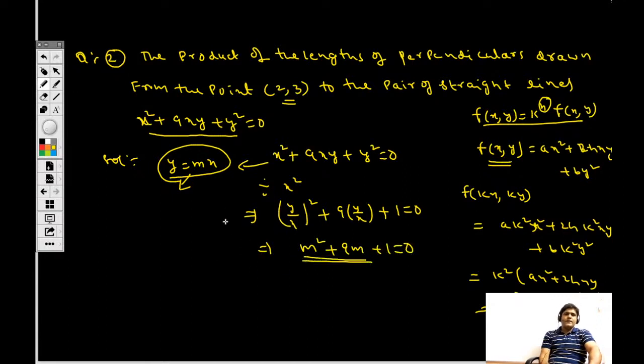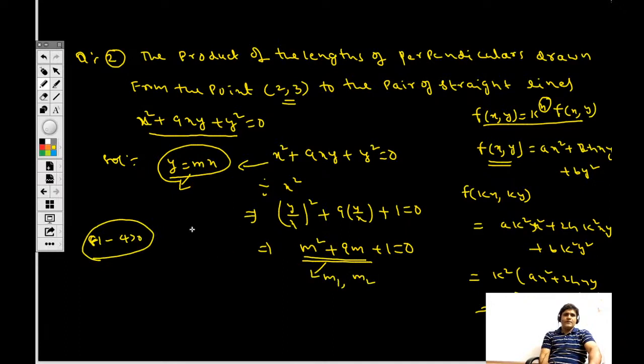So here it's a quadratic equation. It has two real roots because the discriminant is greater than 0. See, discriminant is what? 81 minus 4, which is greater than 0, therefore it has two real roots. The roots are m1 and m2.